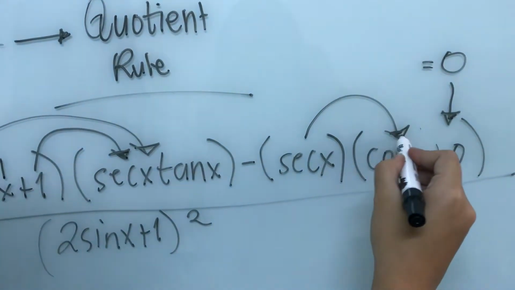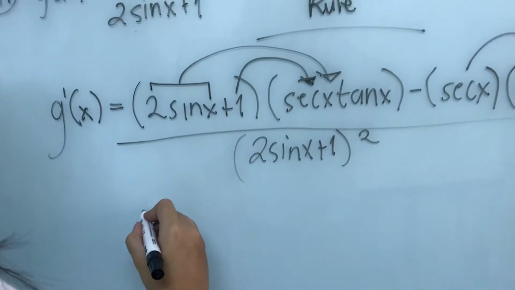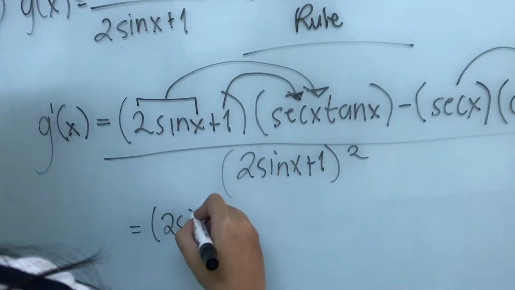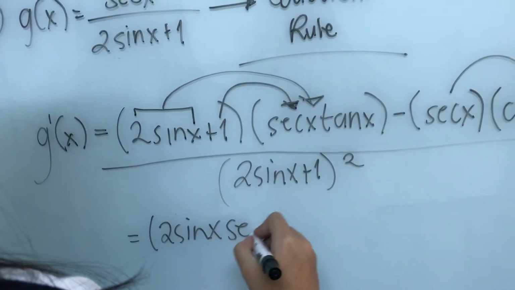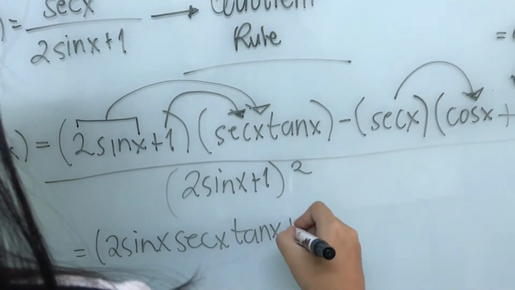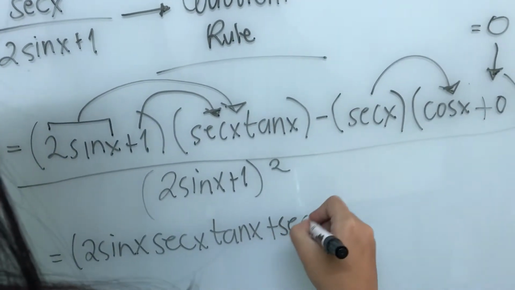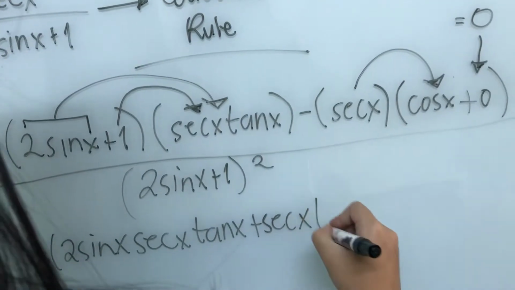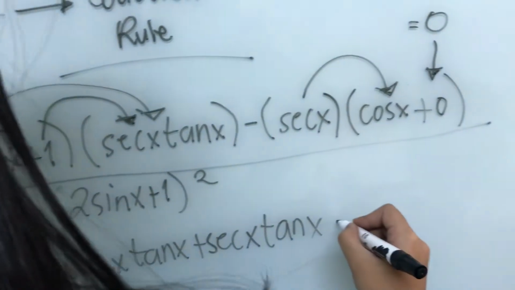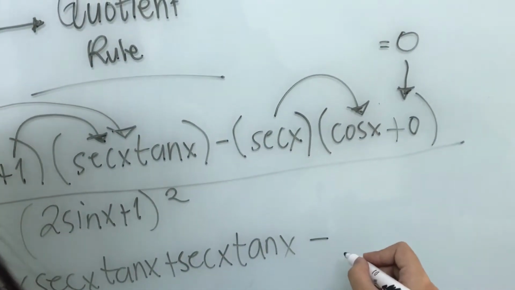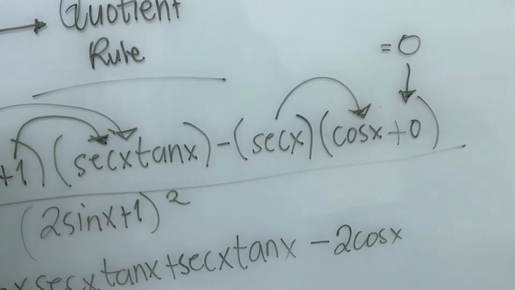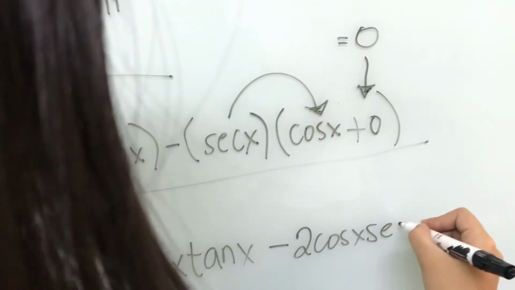So, our equation will then be the quantity of 2 sin x secant x tangent x, plus secant x tangent x, minus the quantity of 2 cosine x secant x.